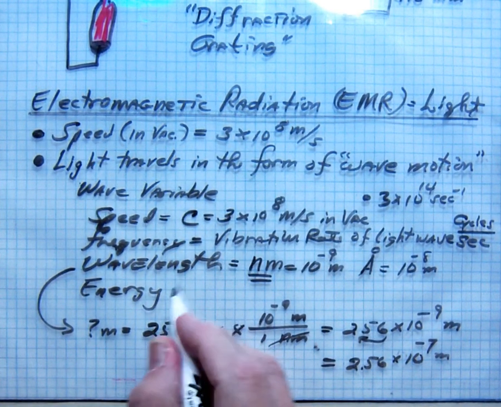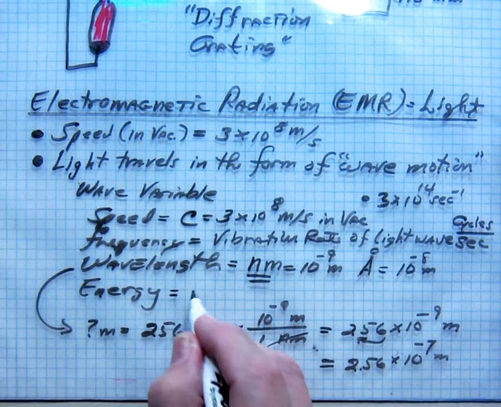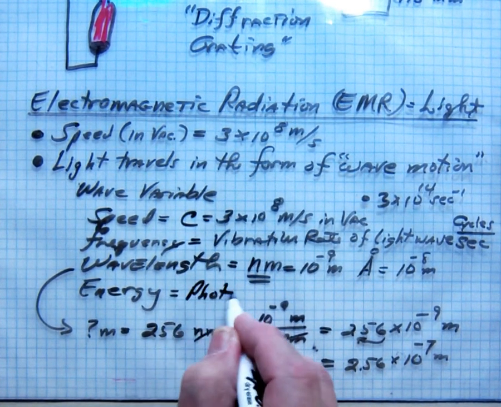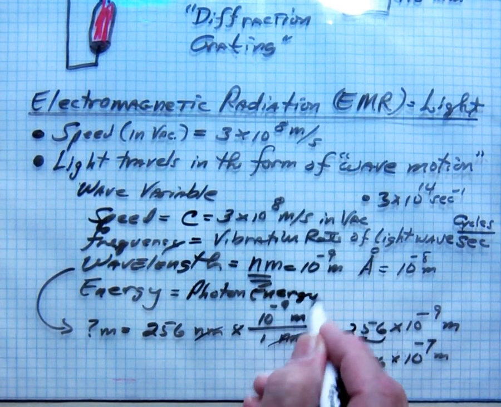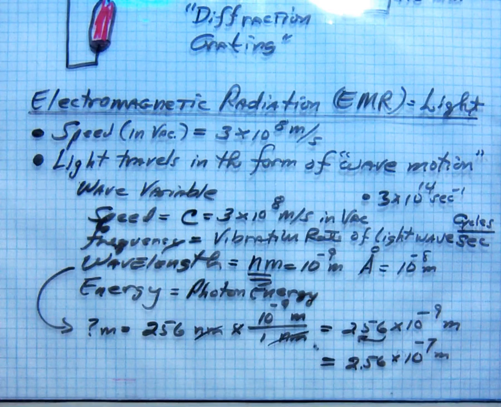Energy is what we call photon energy. Different people visualize the concept of wave motion and photon motion differently. Wave motion is like waves in an ocean. But photon motion, in my mind, is like raindrops going along. Now, they're not going down like gravity pulls drops to the earth.